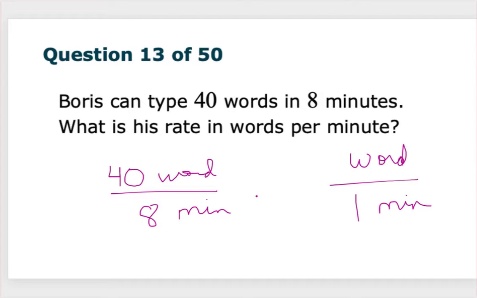So basically, we're going to divide this by 8 on the bottom and divide it by 8 on the top. 8 divided by 8 gives us the 1 we want on the bottom. 40 divided by 8 is 5 words per minute.